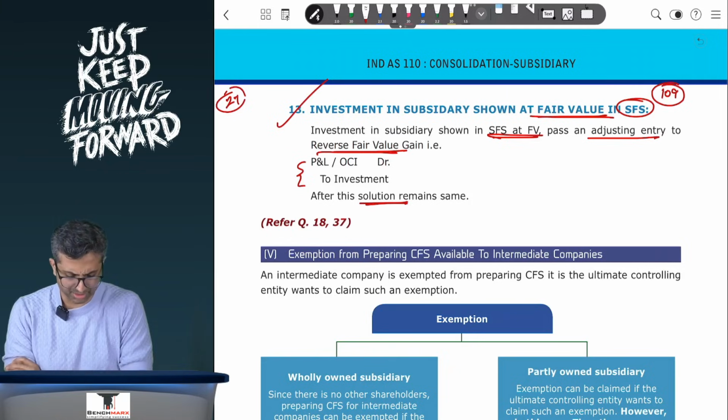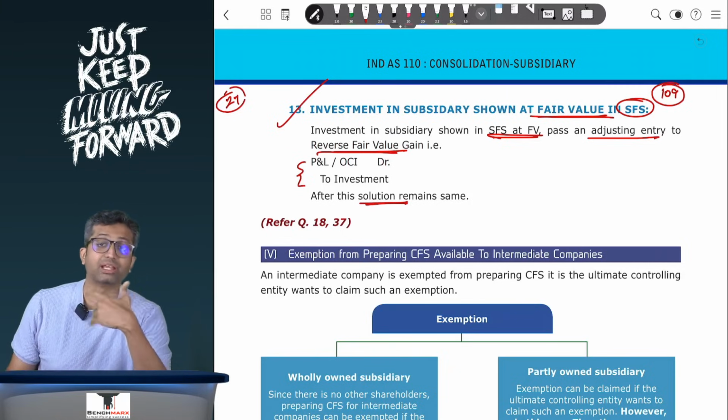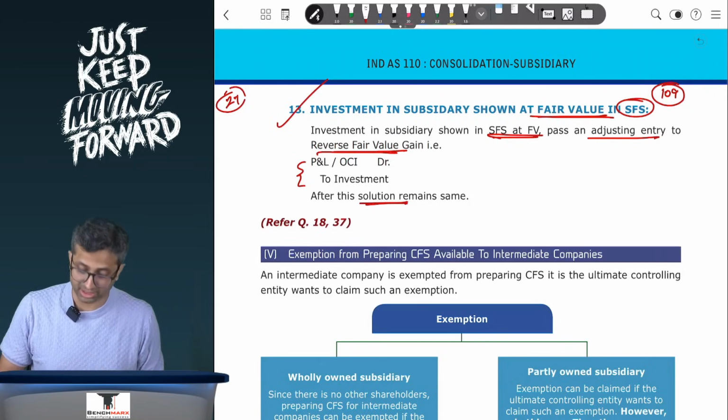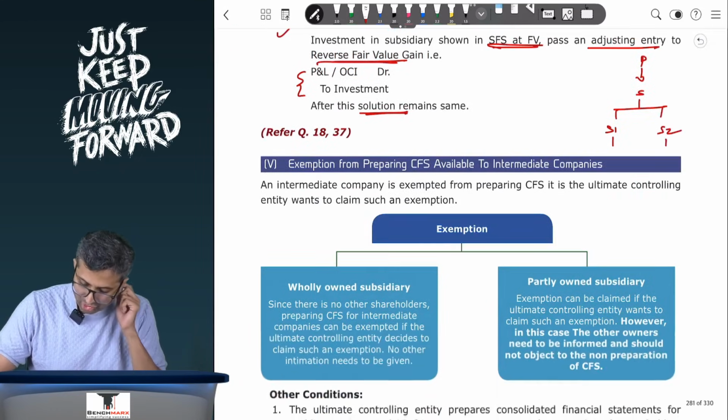In the case of subsidiaries, there is also another thing over here, which is an exemption from preparing CFS. So there are two cases in which you can be exempted from preparing CFS. First is a group structure, like there is P, below P there is S, below S there can be S1, S2, then there can be a big structure per se.